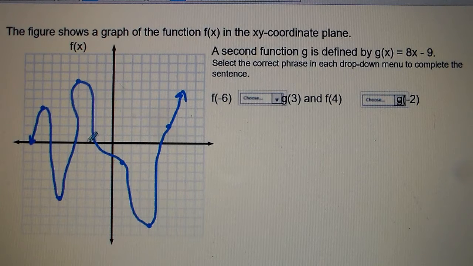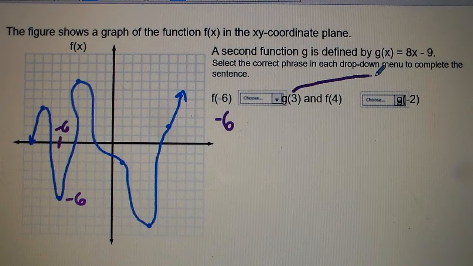So 1, 2, 3, 4, 5, 6. There's my negative 6. And we see that the output is at 1, 2, 3, 4, 5, 6. So the y value is negative 6 at f of negative 6. So f of negative 6 is negative 6.